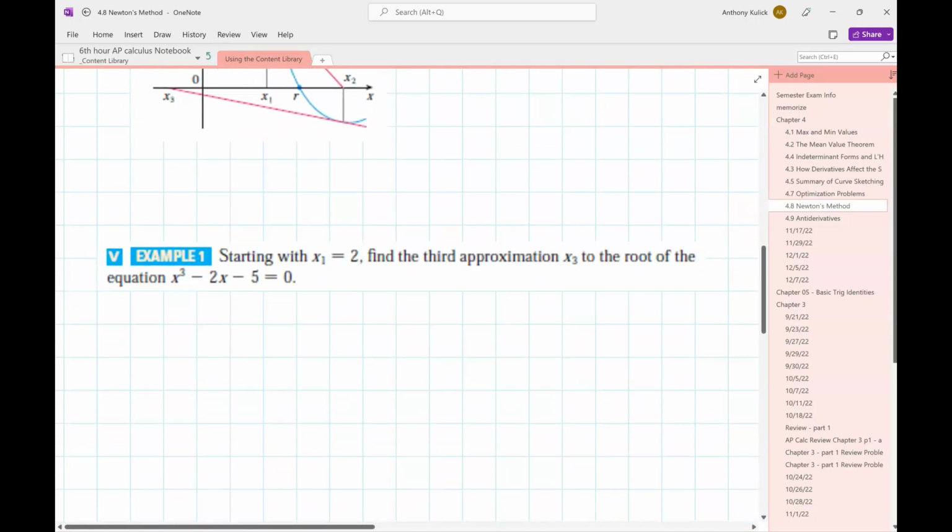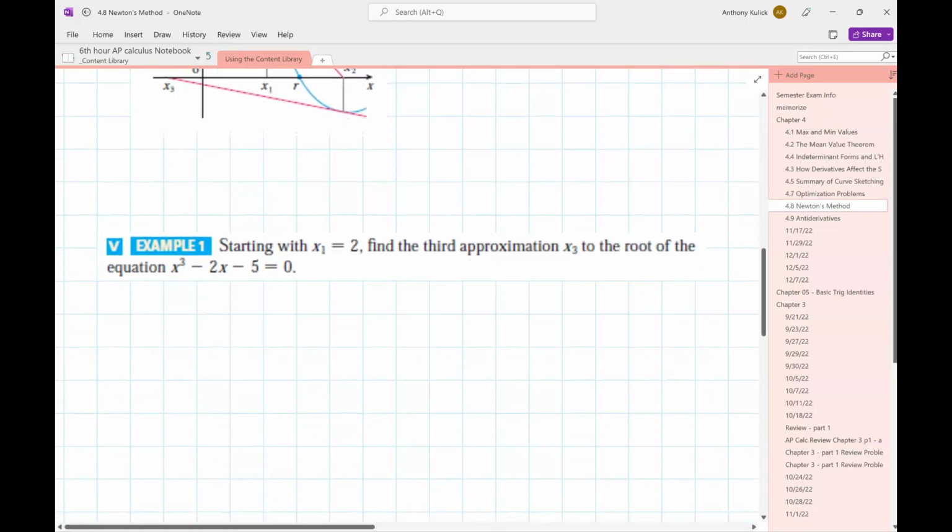Okay, so let's do an example. Our initial guess is x1. We want the third approximation for the equation x cubed minus 2x minus 5 equals 0.